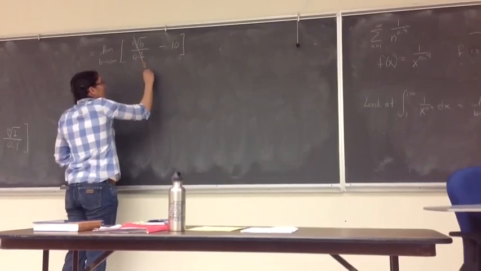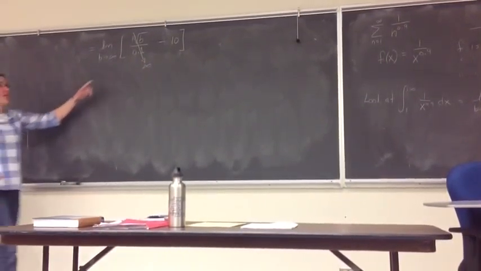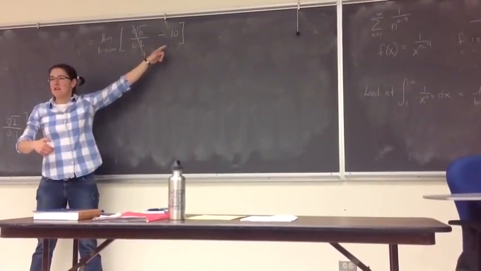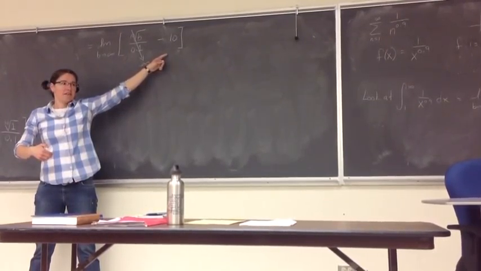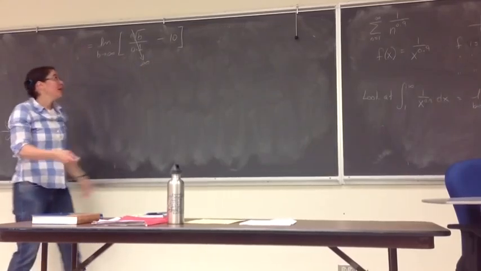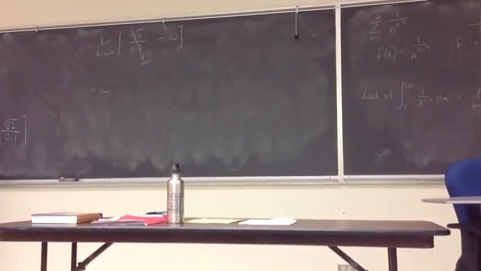This term is going to go to infinity. And so now we've got a really huge number, minus 10. Well, that's still really big. It's just 10 less than super big. Okay? And so our final answer here is that our integral is equal to infinity.